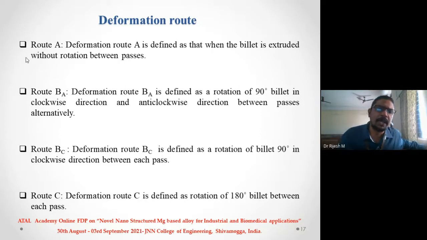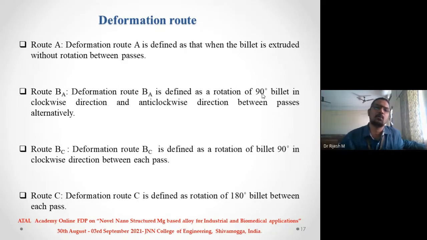Whereas in route BA, you are rotating the billet 90 degrees in the clockwise direction in the second pass. Got it. When you take it out in the third pass, you are rotating it anti-clockwise. And this goes on like that, clockwise and anti-clockwise.